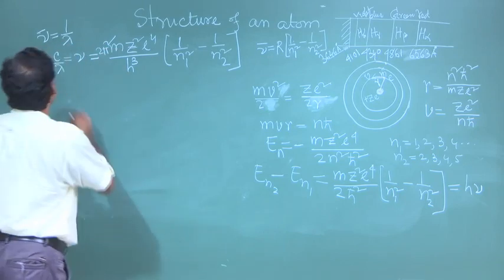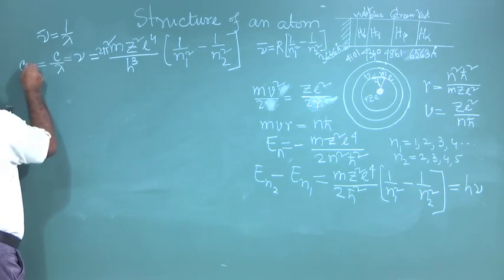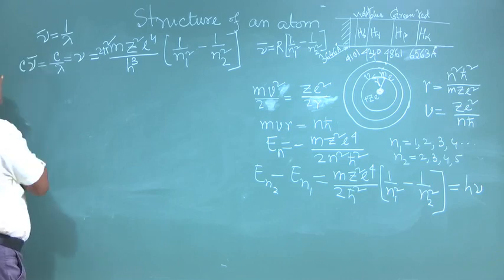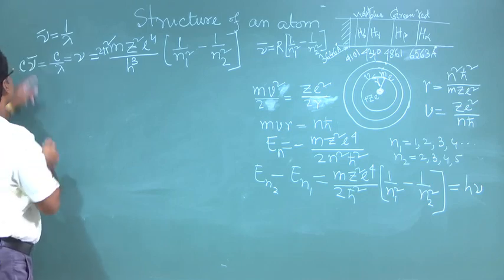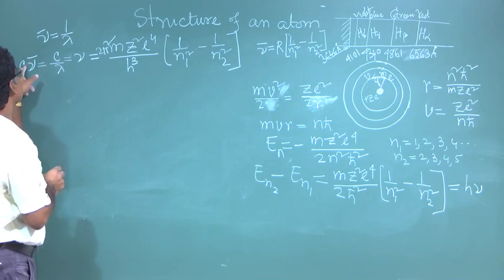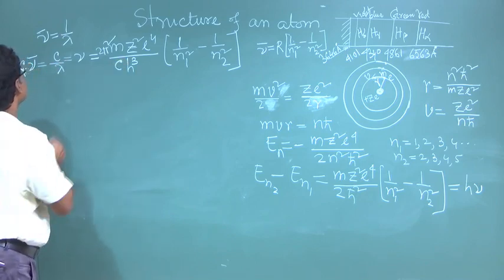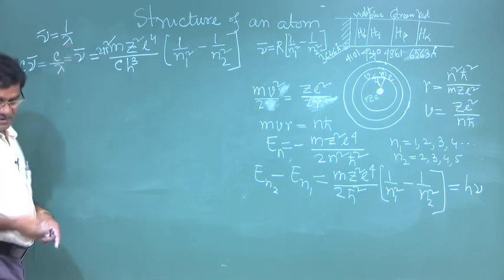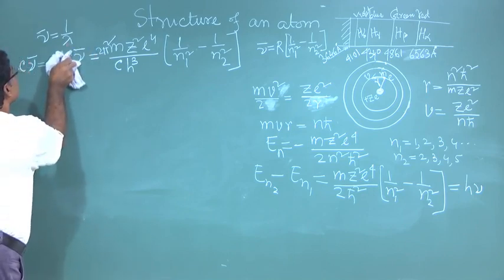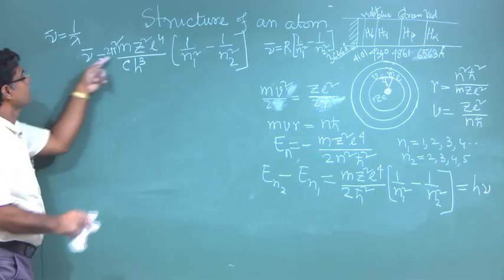So, this we can write as C nu bar. If I write C here, then I can write nu bar here. Okay. So, nu bar equal to this.